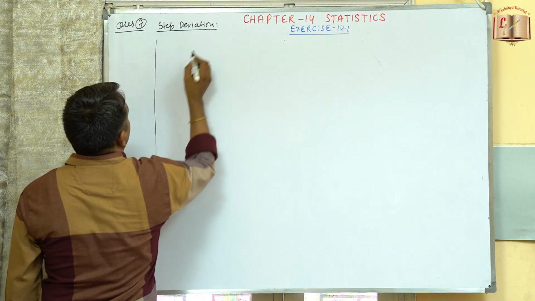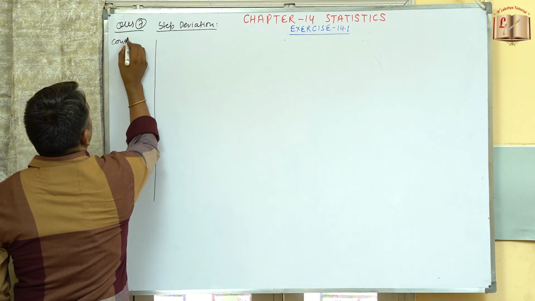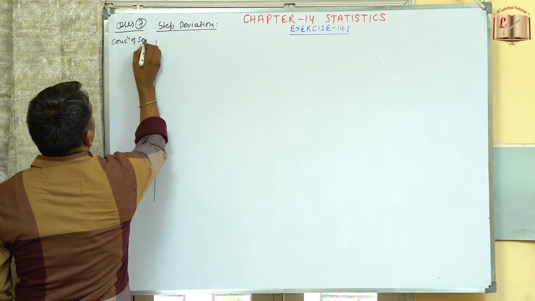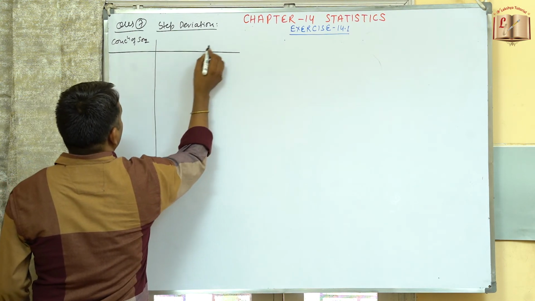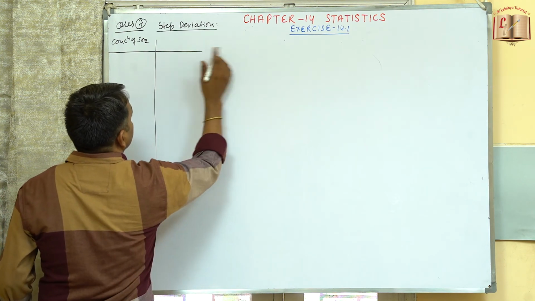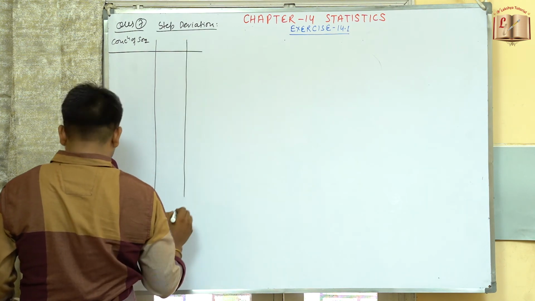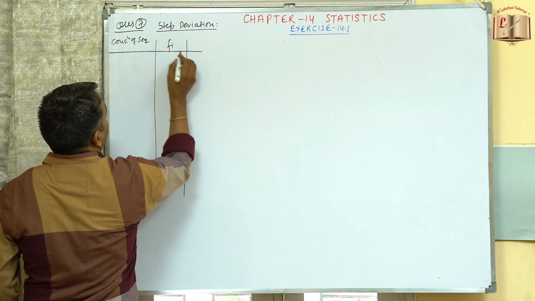So we are writing step deviation. So this is now concentration of SO2, and next one is frequency given to us, fi.